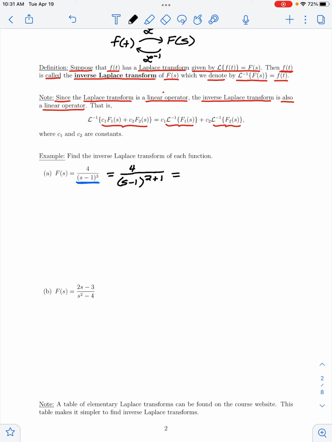And to use that property in my Laplace table, I need the numerator of this fraction to be n factorial, or 2 factorial in this case.